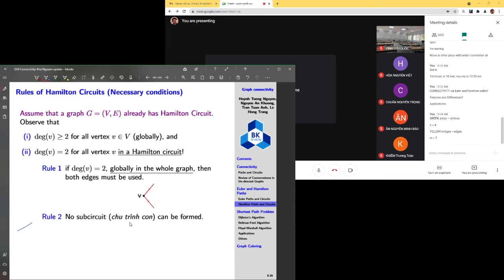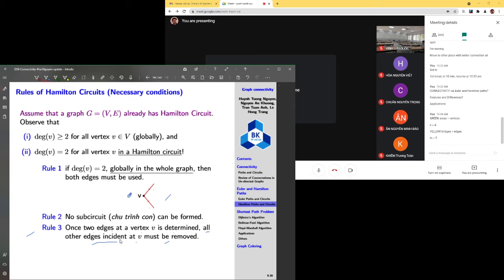Okay, because you already utilized the vertex V to find the Hamilton circuit. So this one and that one you employ. That's enough. The other ones will be useless, meaning not usable at all. Therefore, you can remove them. So let's see the idea, and we can draw the picture here to illustrate.